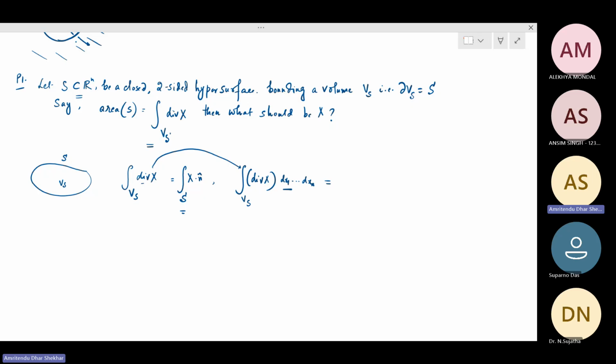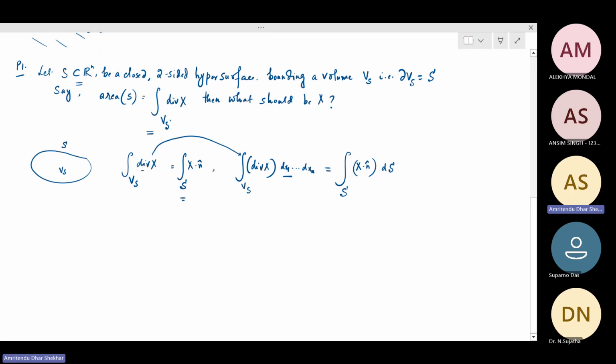And I discussed what that means in one of the problem solving sessions. So this is X dot n cap over dS, where dS is the Lebesgue measure over the surface S, and it is basically equal to the area of an infinitesimally small parallelogram that you can construct over the surface. But what is the area of the surface?